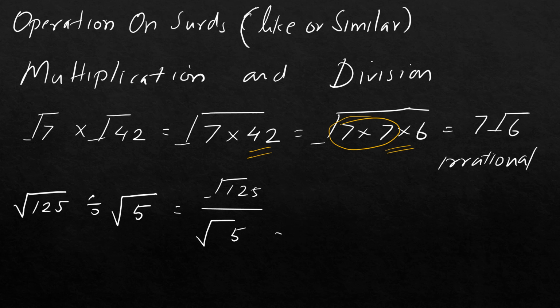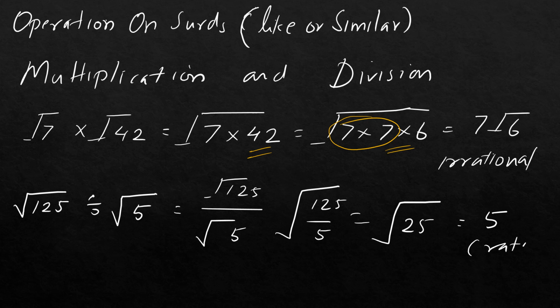Regarding division also, we can carry out in this format. Root of 125 upon root of 5 is root of 25, and the answer is 5, which is a rational number. It can be rational, it can be irrational also. Sometimes it will be as simple as this: root of 50 into root of 18, suppose. 50 can be written as 25 into 2, right?